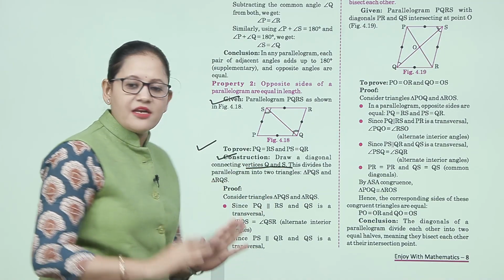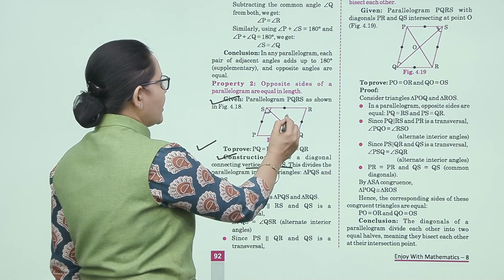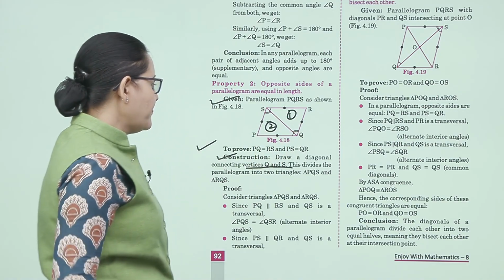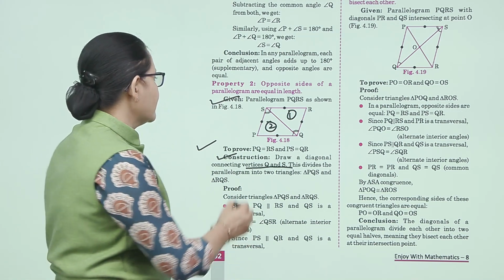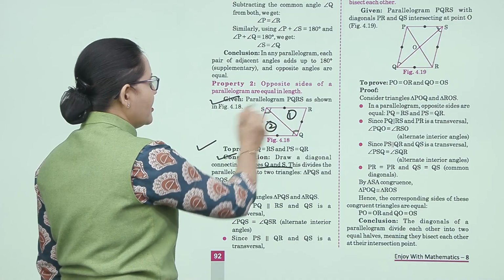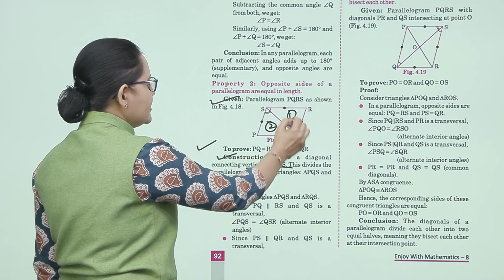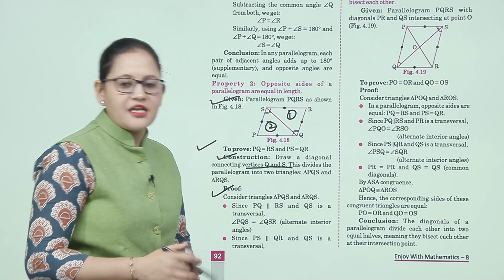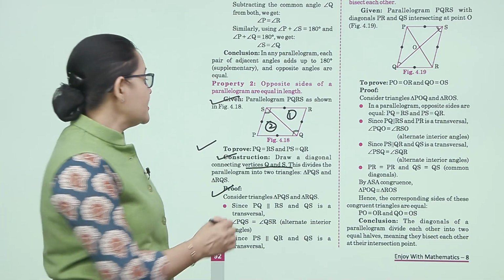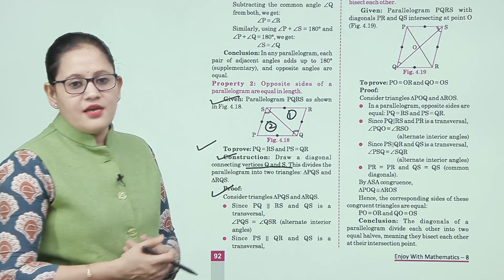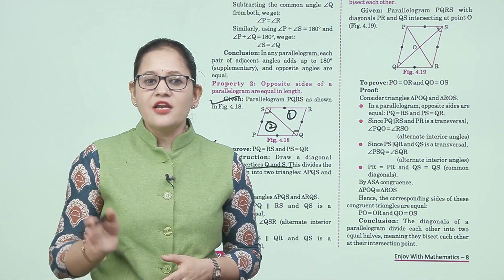It divides the parallelogram into two triangles: triangle PQS and triangle RSQ. Now the proof. Consider triangle PQS and triangle RQS.